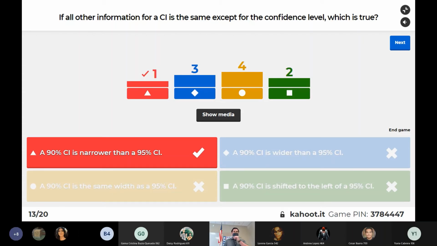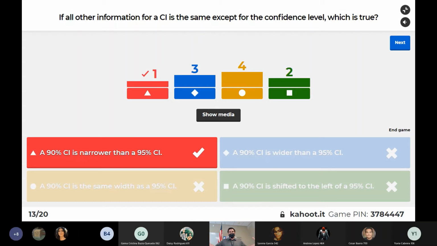Yes, the first option, a 90% confidence interval, is narrower than a 95% confidence interval. As we go to higher percentages for our confidence interval, the interval gets bigger. Consider, if I'm 100% confident that my interval contains the actual mean or proportion or whatever, the only way to be 100% confident is if we just include everything.